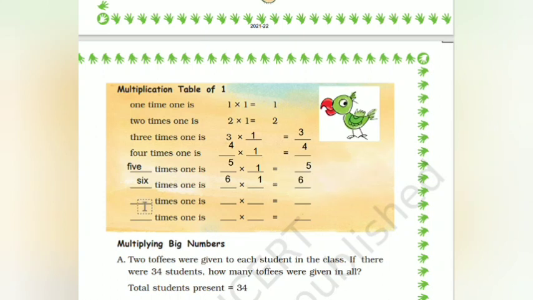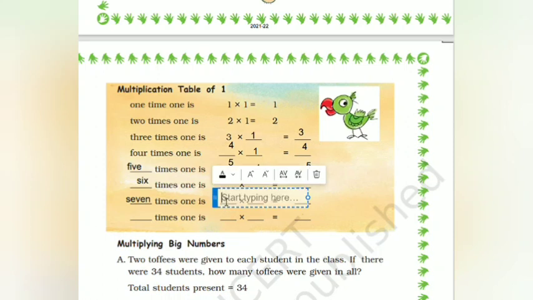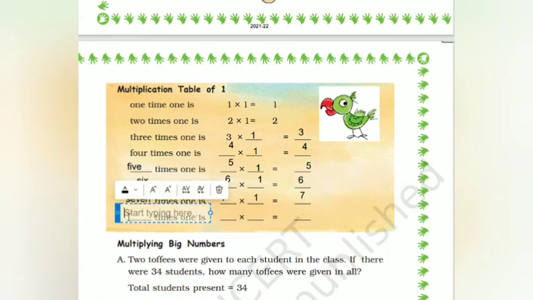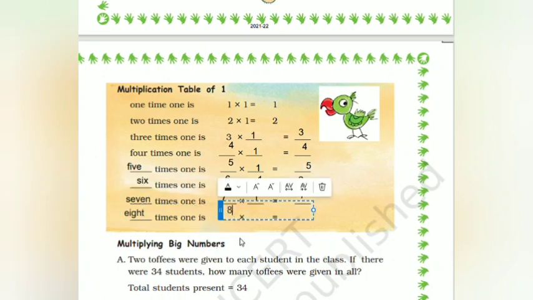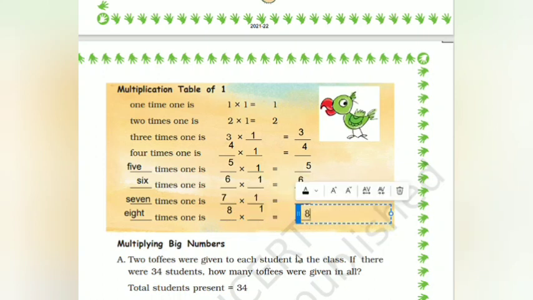Then 7 times 1, here it is written 7. 7 times 1 is equal to 7. Then 8 times 1 is equal to 8.